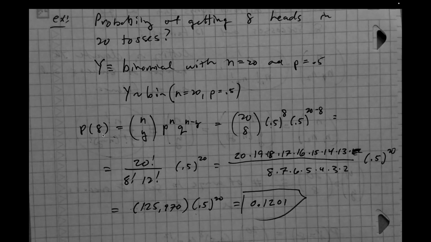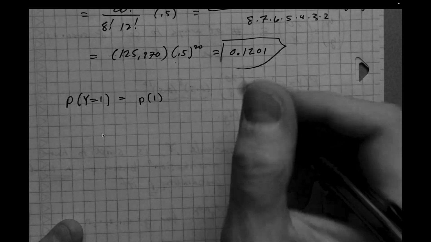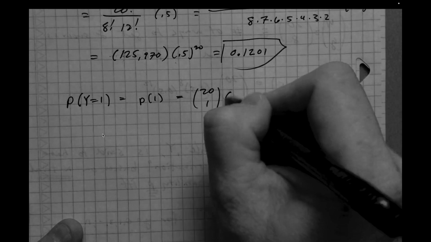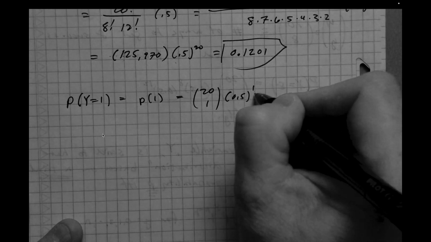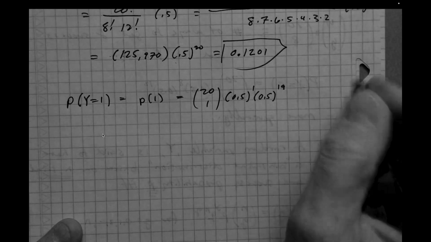Just for practice, what is the probability that y is equal to 1? You can write it like that, or you can write probability of 1, right? And we know that's just going to be equal to 20 choose 1 times 0.5 to the first power times 0.5 to the 19th power.